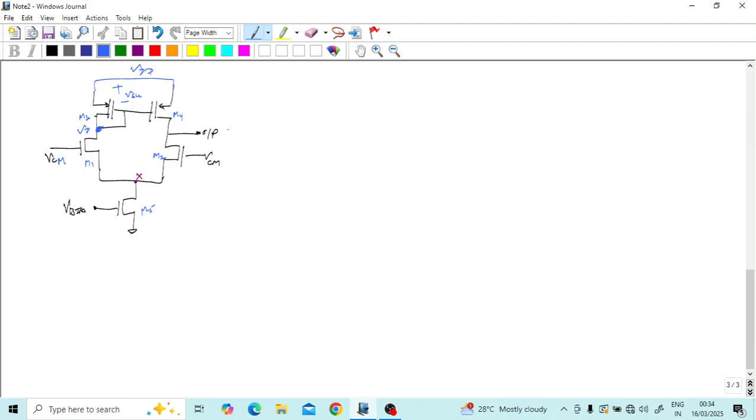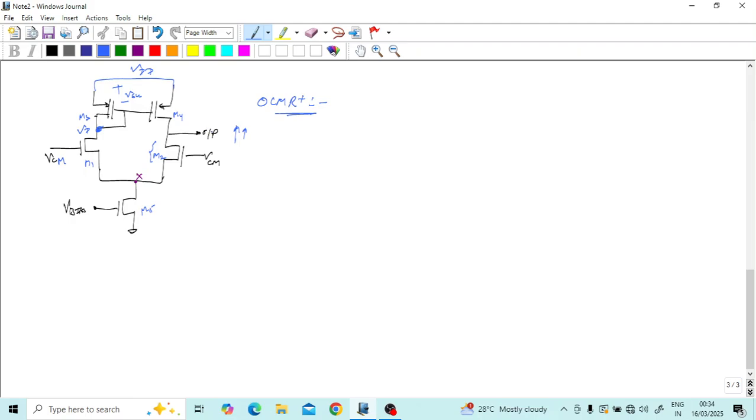Common mode range means how much we can increase or decrease the output voltage so that all our transistors will be in saturation. First let's see how much we can increase this voltage, which we call the OCMR plus, the output common mode range maximum. When we increase this Vout, this VDS is increasing, so this will not affect.